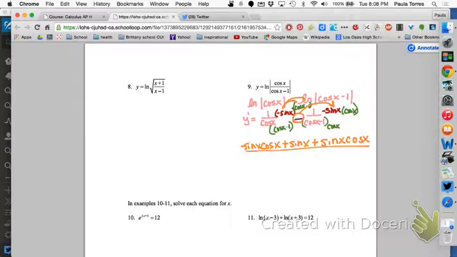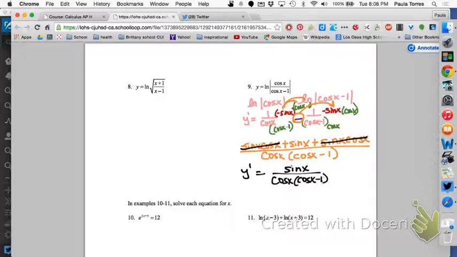And that's all going to be over cosine x times cosine x minus 1. And so my magic happens. Cancel, cancel. So I end up with just sine on top, and then cosine x minus 1 on bottom. That wasn't so bad.